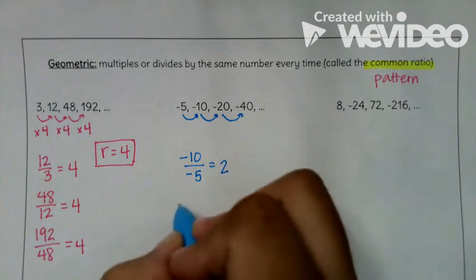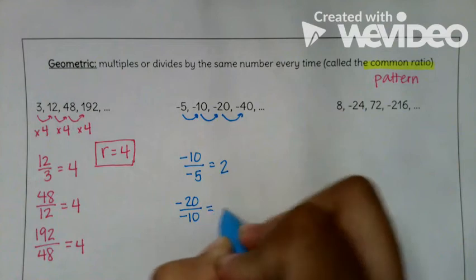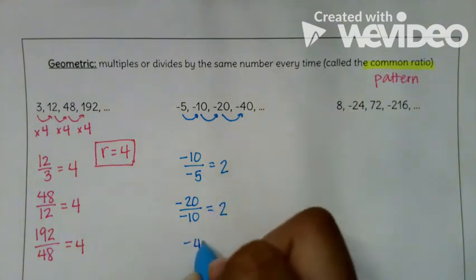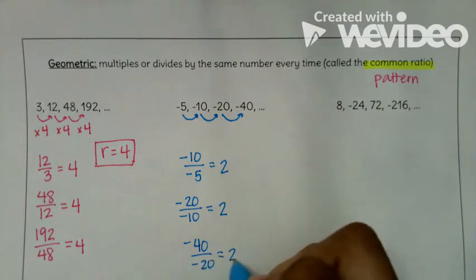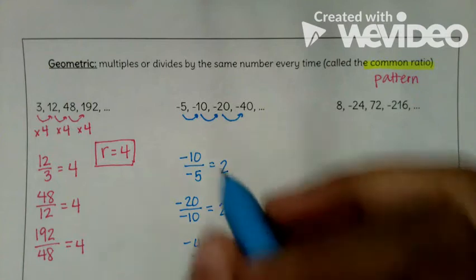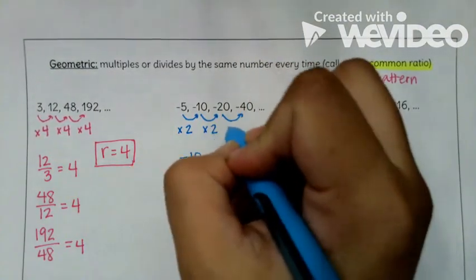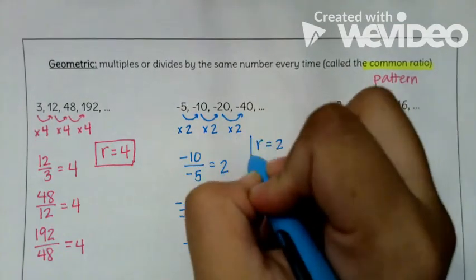Then I go to the next one, negative 20 divided by negative 10 would give me positive 2. Then negative 40 divided by negative 20 also gives me positive 2. So for this one, I keep multiplying by 2, which means that my common ratio R is equal to 2.